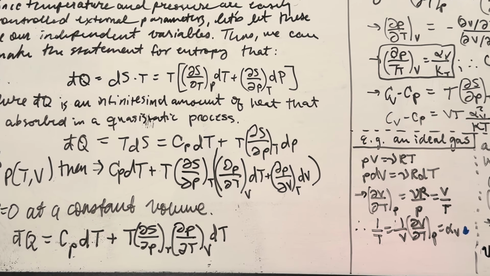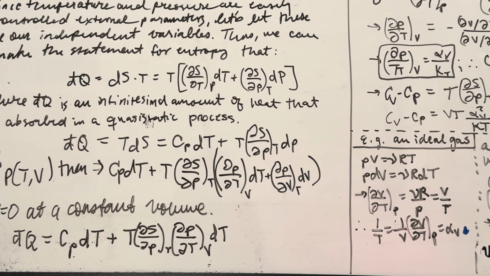Now, we know that if we divide both sides of this equation by dT, we will recover our heat capacity at a constant volume up here, because that's what we defined it as at the very beginning, after all, right? So with that in mind, we do have an equation with respect to our specific heats and how they're related to each other with entropy and pressure and temperature.